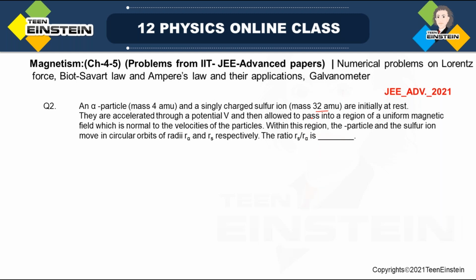They are accelerated through a potential V, then allowed to pass into a region of uniform magnetic field which is normal to the velocity of the particles.